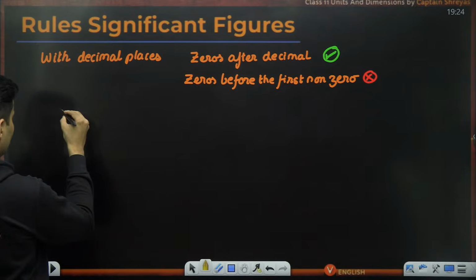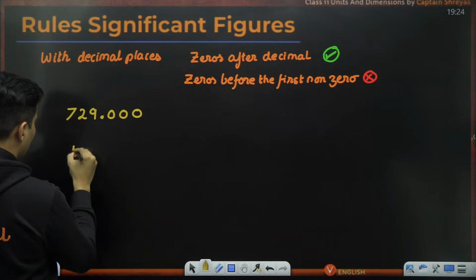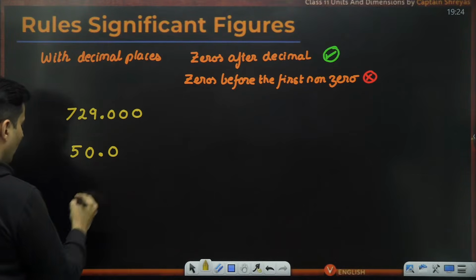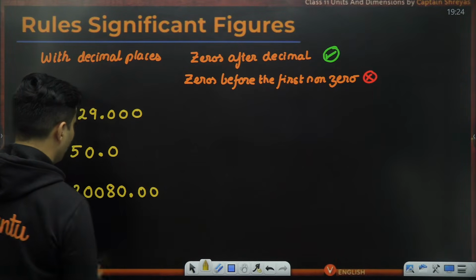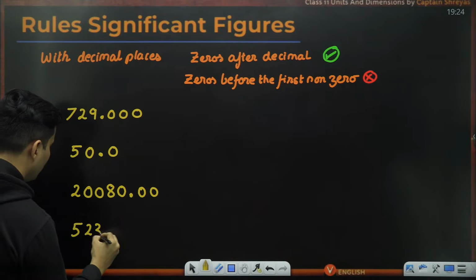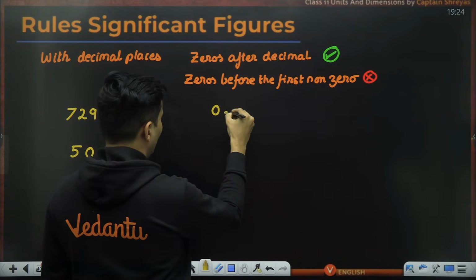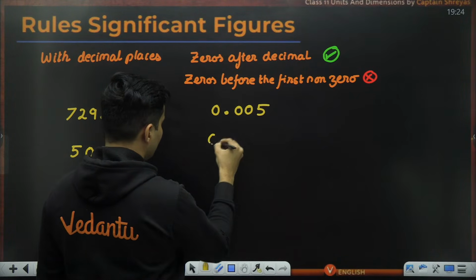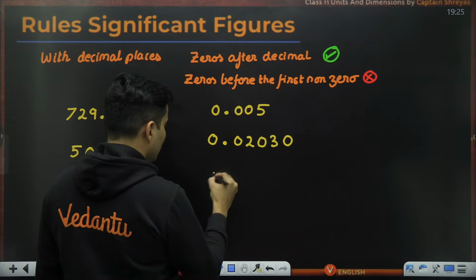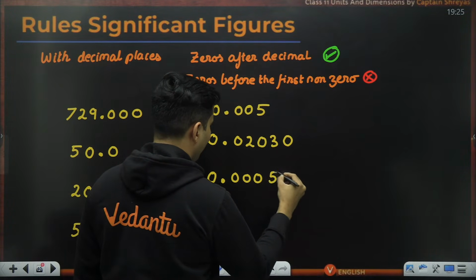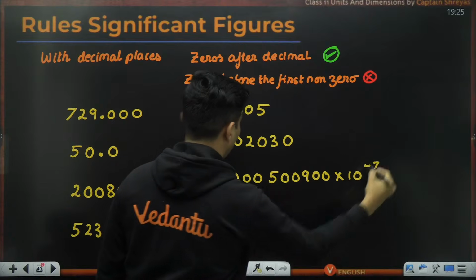Let me give you examples of this. Let's say 729.000, or 50.0, or 2080.00, or 523.40, or let's say 0.005, 0.02030, 0.000500900 into 10 to the power minus 7.